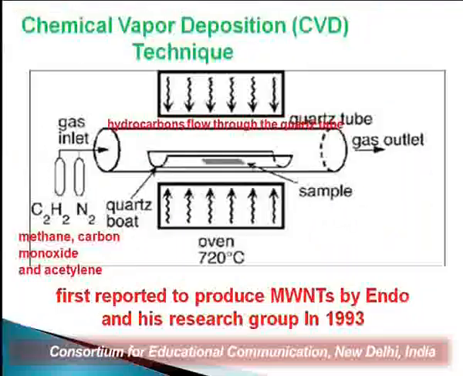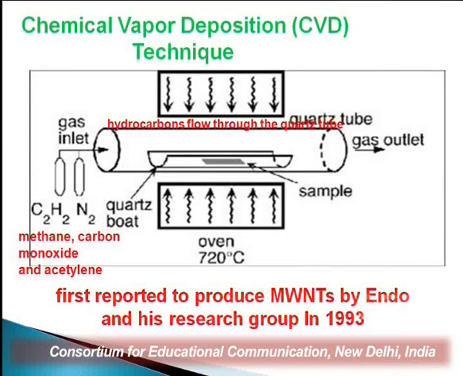Next, here we are seeing the schematic diagram of the chemical vapor deposition technique. We see here there is a tube at the center, and this tube is put in a heated oven, which is at a temperature of 720.